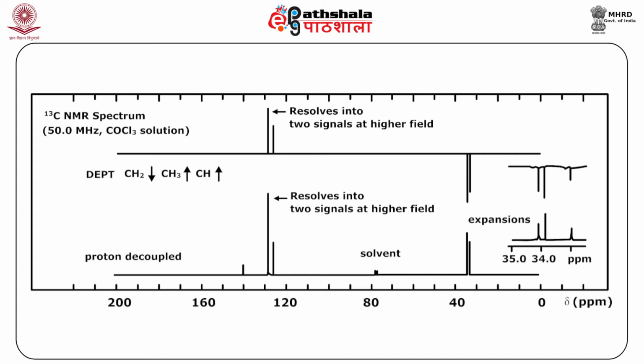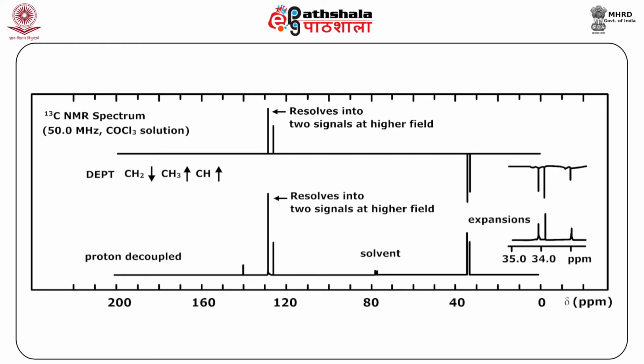The 13C spectrum shows a total of 7 peaks, out of which 4 peaks are for the aromatic or olefinic carbons and 3 peaks for the aliphatic carbons. The molecular formula has 9 carbons.